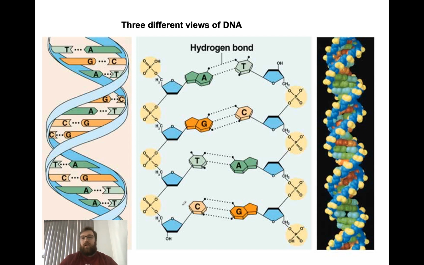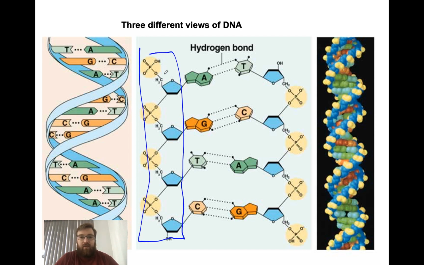Here are the non-spinning pictures. This is essentially what I just drew, the single line that I drew last time. Here's our sugar, here's our phosphate, and you can see the P in the middle here. The hydrogen bond is just the type of bond that holds these together.